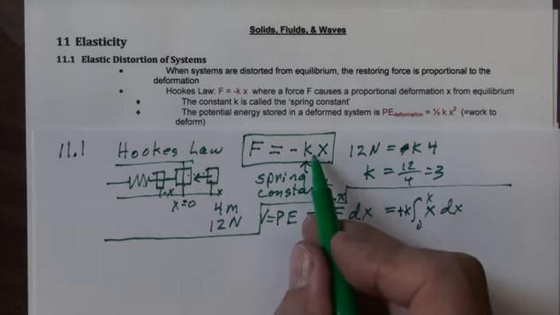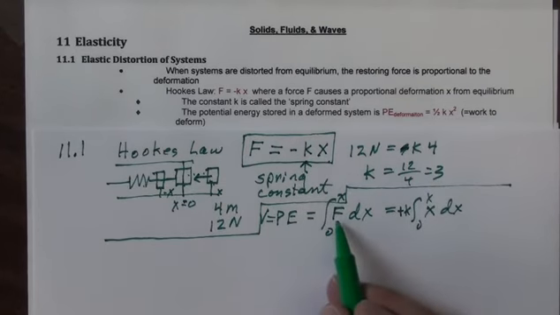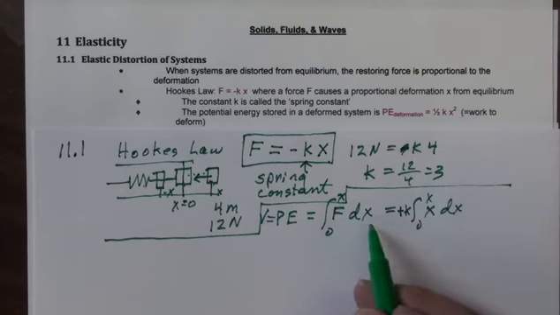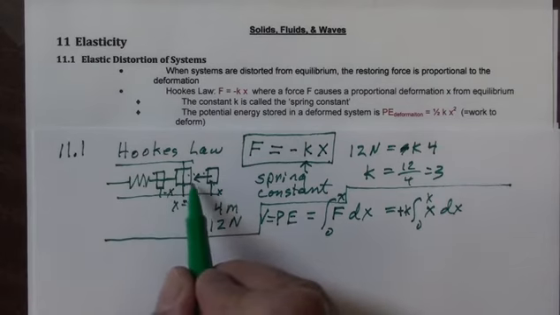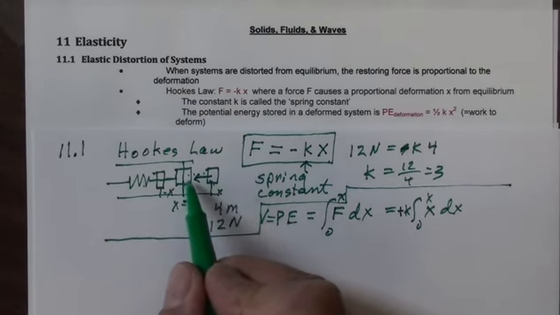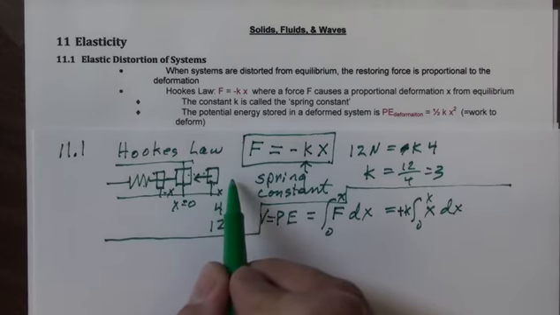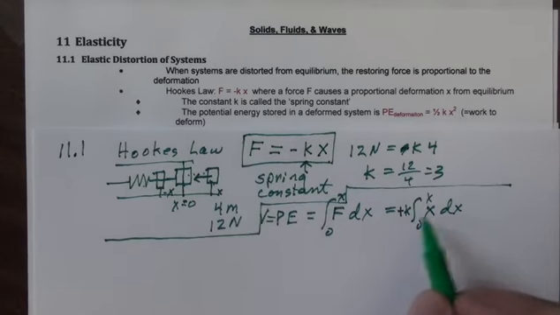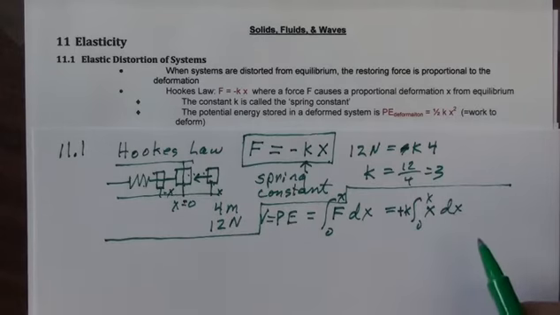Because the spring is exerting the negative force, we're going to have to exert a positive force to overcome that, to stretch the spring out. For example, if you're using a Bowflex or something like that, and you stretch this thing out, the spring is pulling back with minus kx, but you're going to push with an equal and opposite force plus kx. So I put in plus kx here.